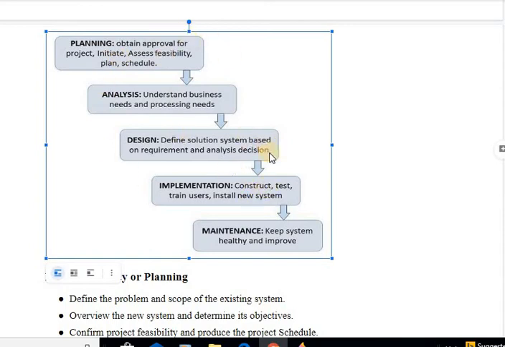The implementation contains the final execution or the deployment of your system. Then maintenance is the timely looking after of your system, whether it is working under different environments or not. Okay, so these are the main phases of your system development life cycle.